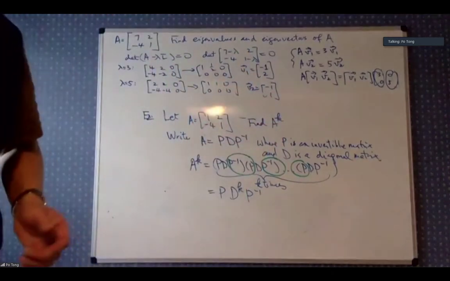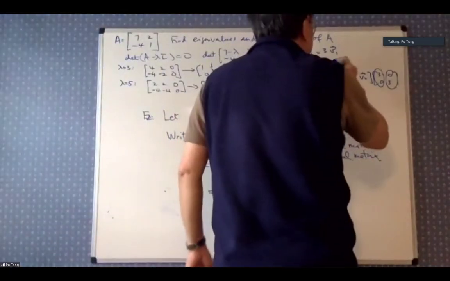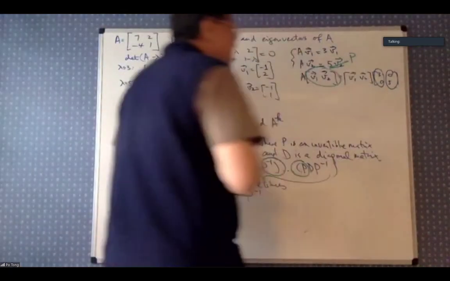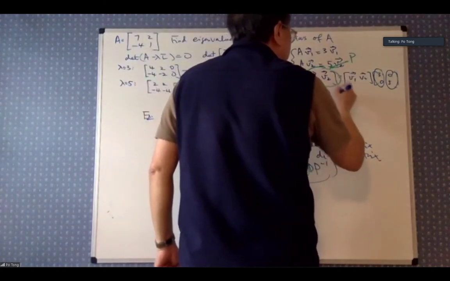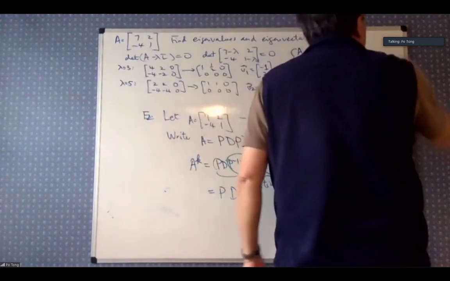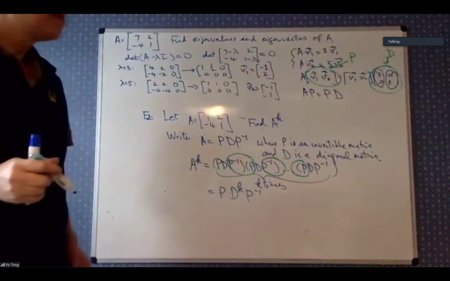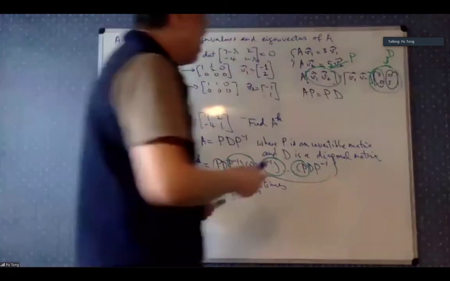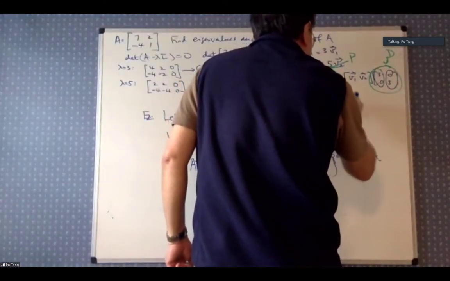So now I'm going to call this matrix P. So now I have AP equal to PD, and this matrix is my D. Now D is a diagonal matrix. And now I have A is equal to PDP inverse.